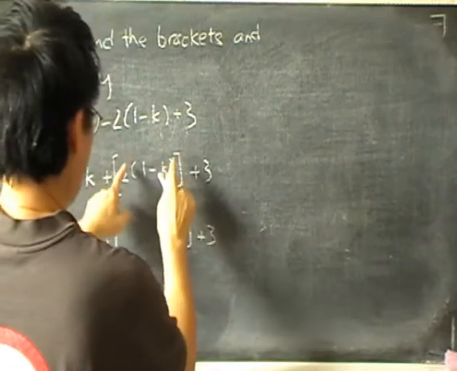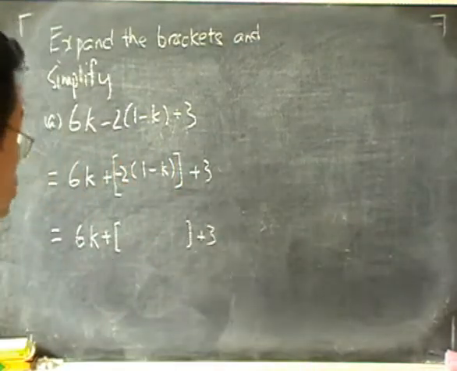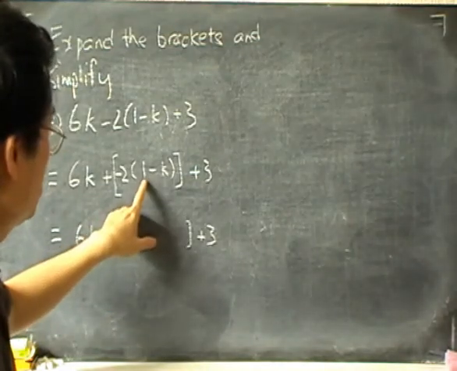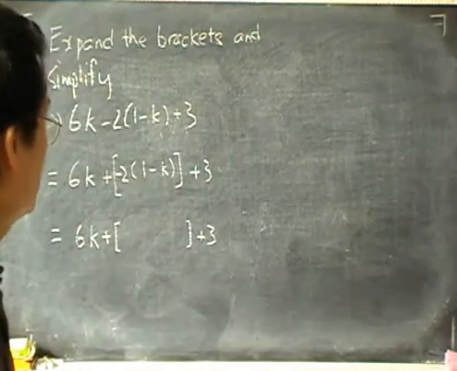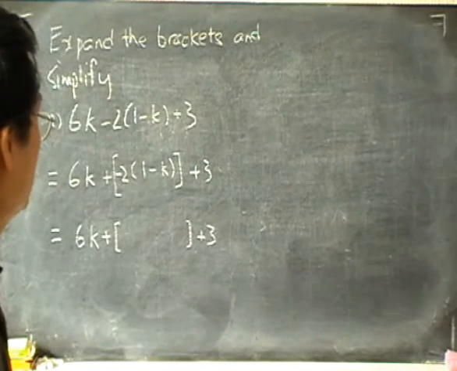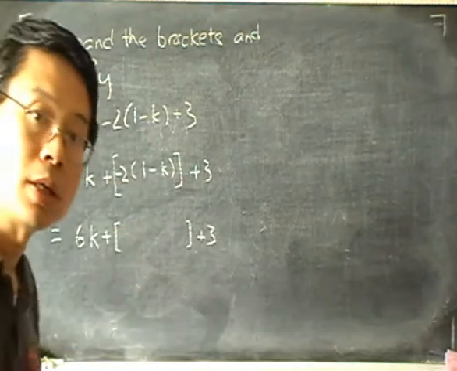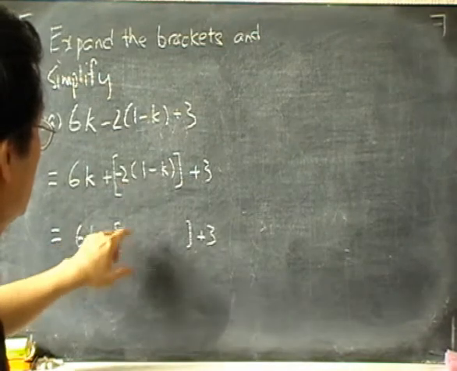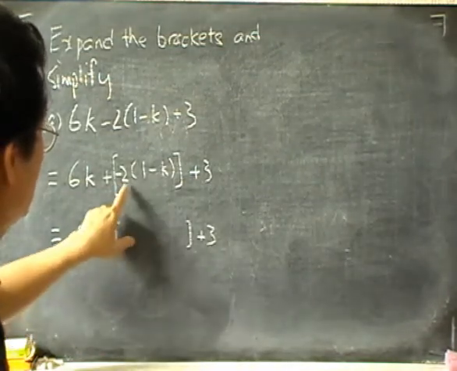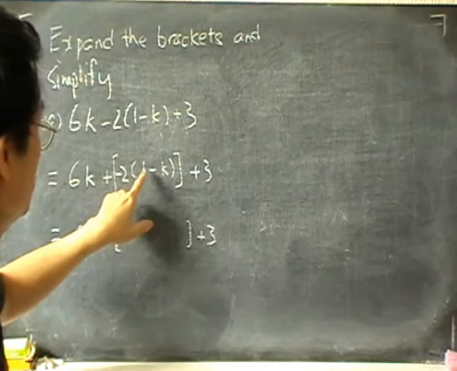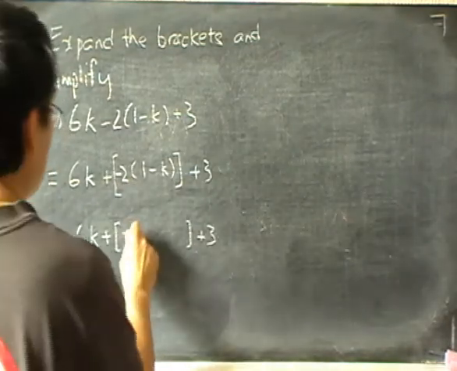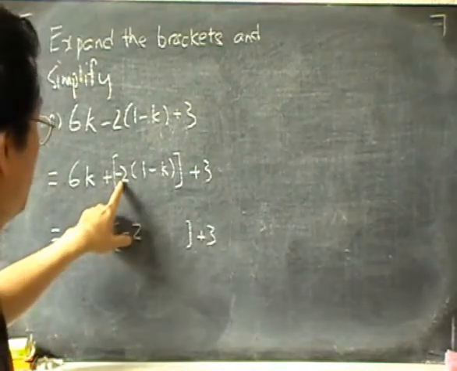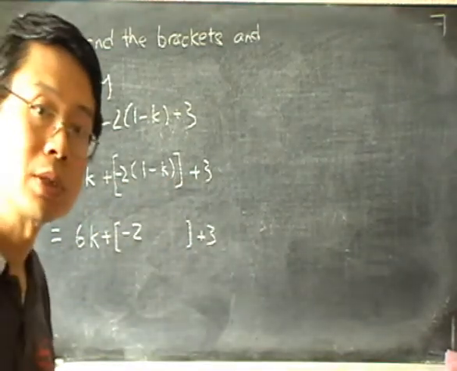To remove this bracket, the thing to do is to multiply each term in the bracket by the number outside. So the first term would be minus 2 times 1, which is minus 2, and the next term would be minus 2 times minus k.